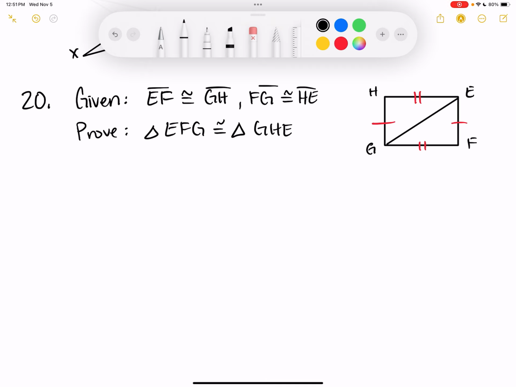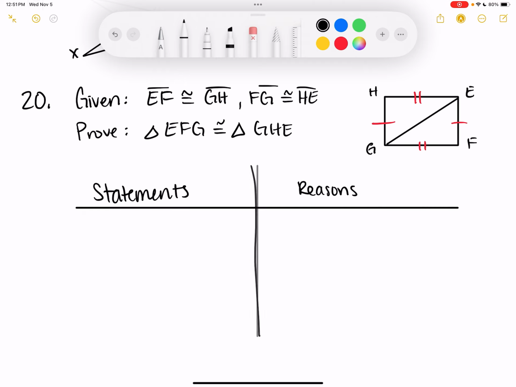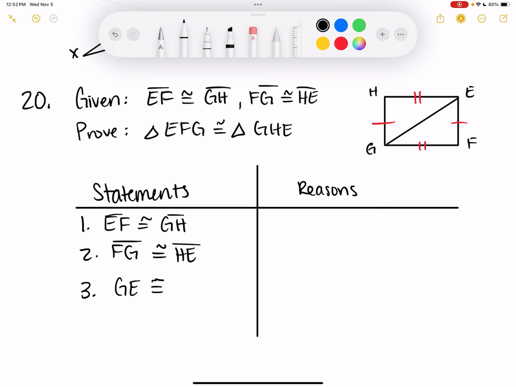All right, so then statements, reasons. All right, so I'm filling in all the statements, and then we'll fill in all the reasons because that's where all the blanks are. So 1 is that EF is congruent to GH. 2, FG is congruent to HE. 3, GE is congruent to GE.